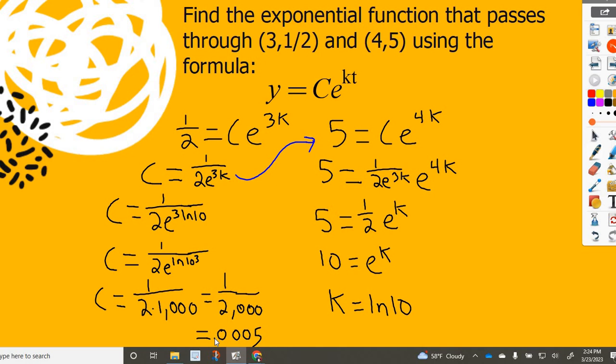So then what are we doing with those two numbers? Plugging them back in.